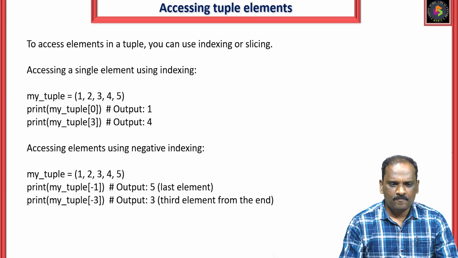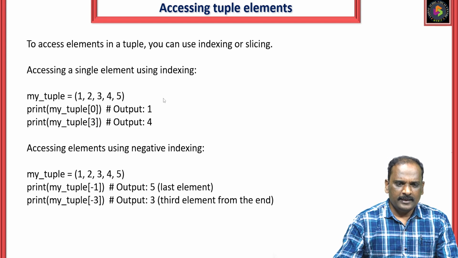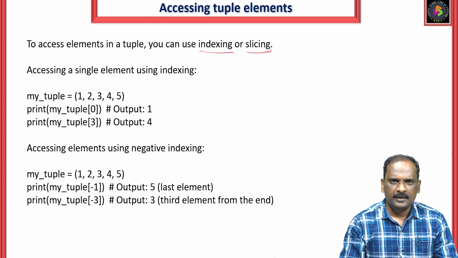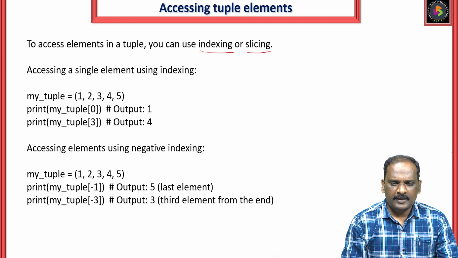Accessing a tuple. To access the elements of a tuple, we can use either indexing or slicing. It is the same way of accessing as we have seen in the list. List elements are also accessed by using indexing and slicing. Today we shall see how we can access the elements by using indexing.